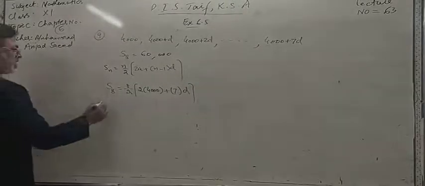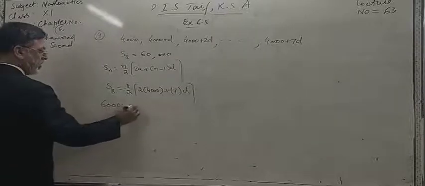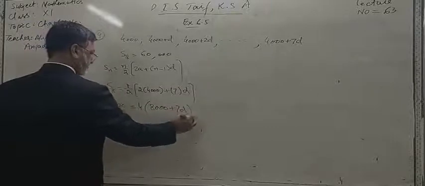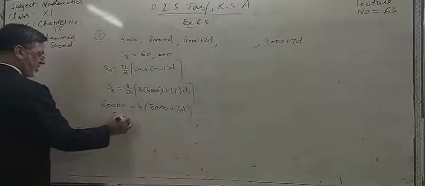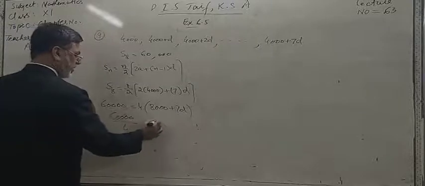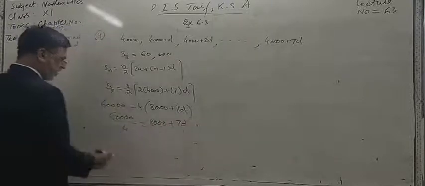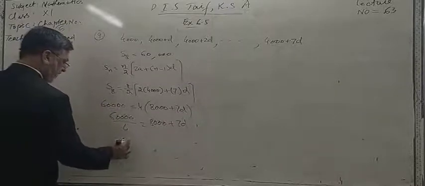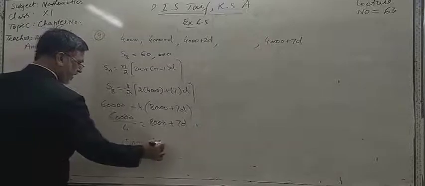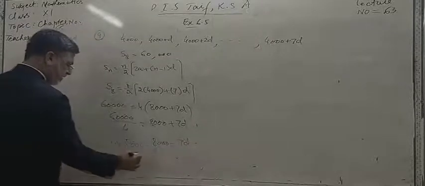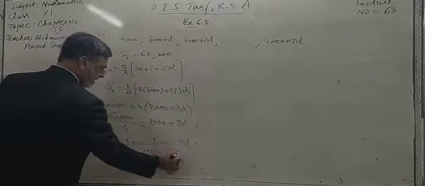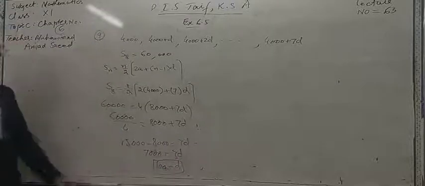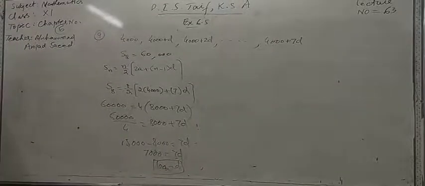This was 60,000. So 60,000 over 4 is equal to 8,000 plus 7d. You can divide 60,000 by 4, what will be? 15,000 minus 8,000, that is 7d. Here 7,000 is equal to 7d and d is equal to 1,000. Dear students, common difference d is 1,000.